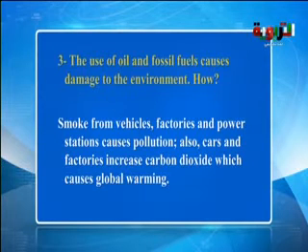So they harm the environment. They cause pollution. And then the pollution can cause some serious diseases. Also, cars and factories increase carbon dioxide, which causes global warming. So not only to our health, but also destroying the nature, the global warming that is happening in the universe.